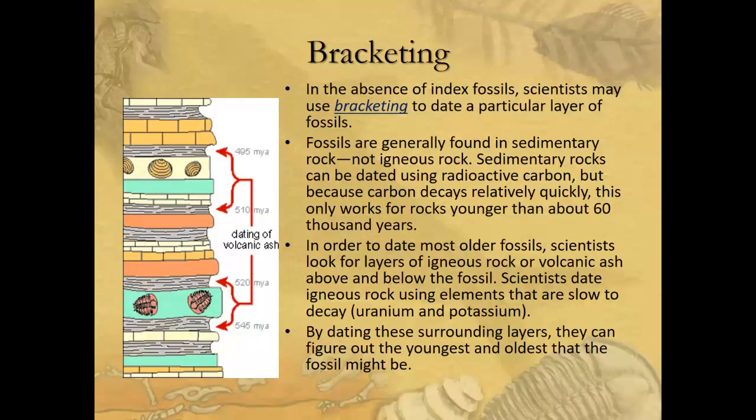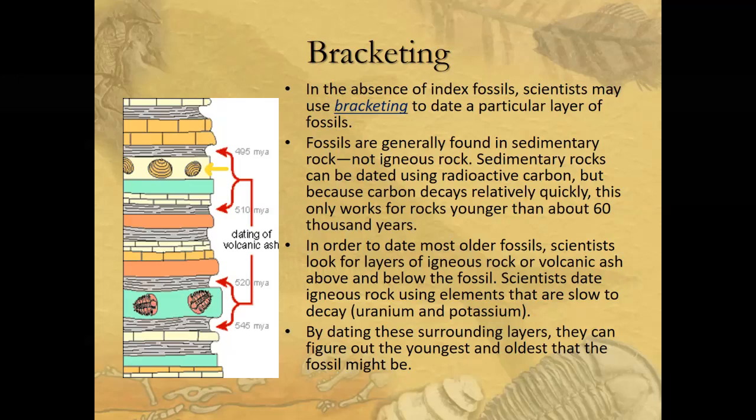Okay? If you take a look over here, and we start looking at, say, this fossil right here, we may not be able to radioactively date it. Obviously, carbon dating isn't going to work because it's way too old. Maybe the material, because it's a sedimentary rock, does not have enough potassium-40 or uranium-238 to radioactively date.